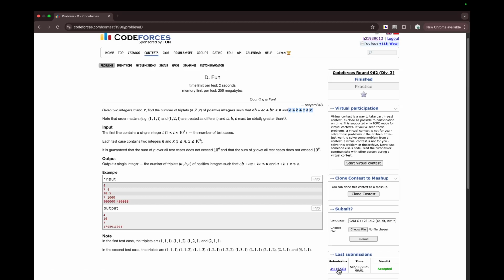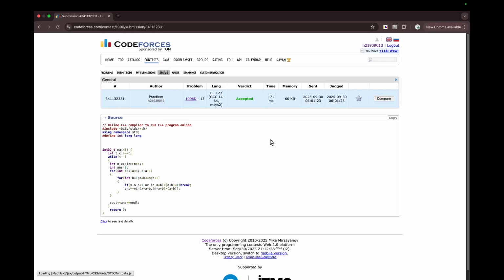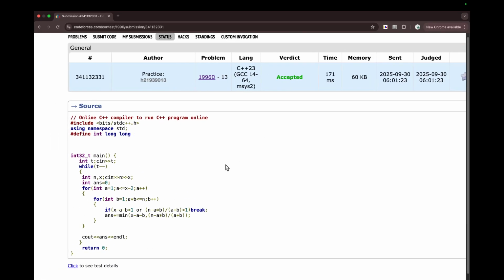I am showing you my code so that it is easy to understand. Here you can see that it is a simple brute force code. Here I have iterated from i equals 1 to i less than or equal to x minus 2, because the remaining 2 must be greater than or equal to 1.